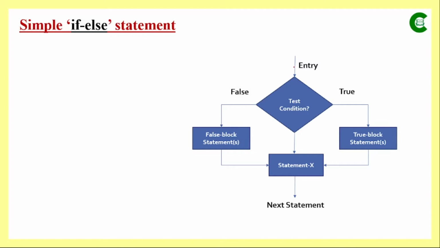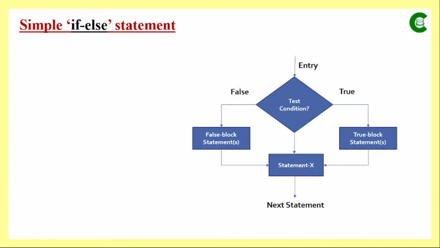So when the program flow comes here, this particular condition is checked, and if the result of this condition is true, then we execute this block of statements. But if the result is false, then we execute another block of statements, and whether the result is true or false, finally it will reach this block of statements.